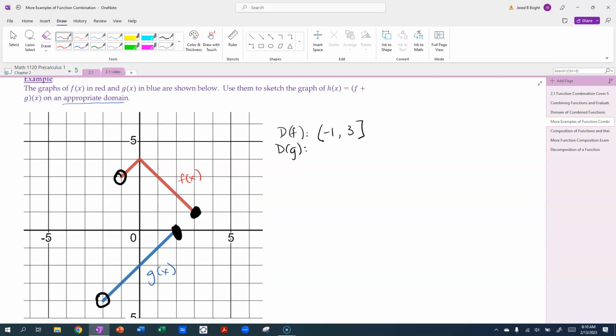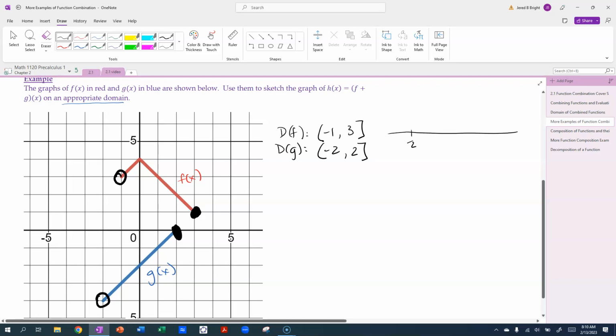Domain of g is -2, with an open dot, and then continues until 2, bracket. Just so I can see this more visually, I have -2, -1, 2, and 3.